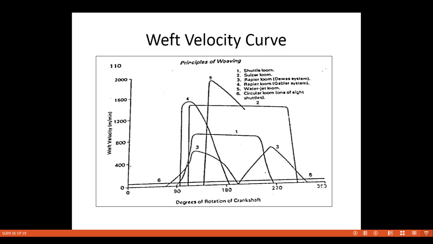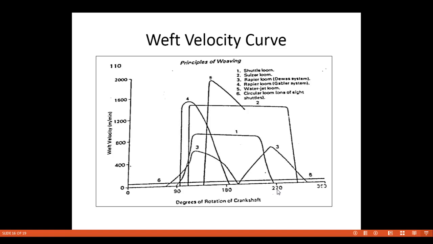So it's very important to control the velocity when the weft is going from one side to the other side. So we will see how the velocity is there. On the x-axis we have the degree of rotation, that is 0 degree, 90 degree, then front center, back center, top center, and this again comes at the front center: 0, 90, 180, 270.